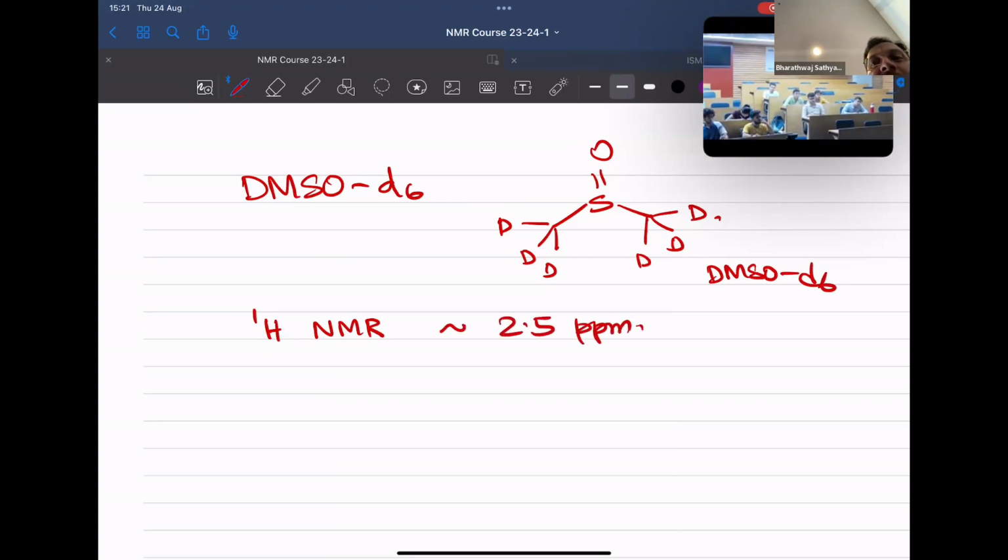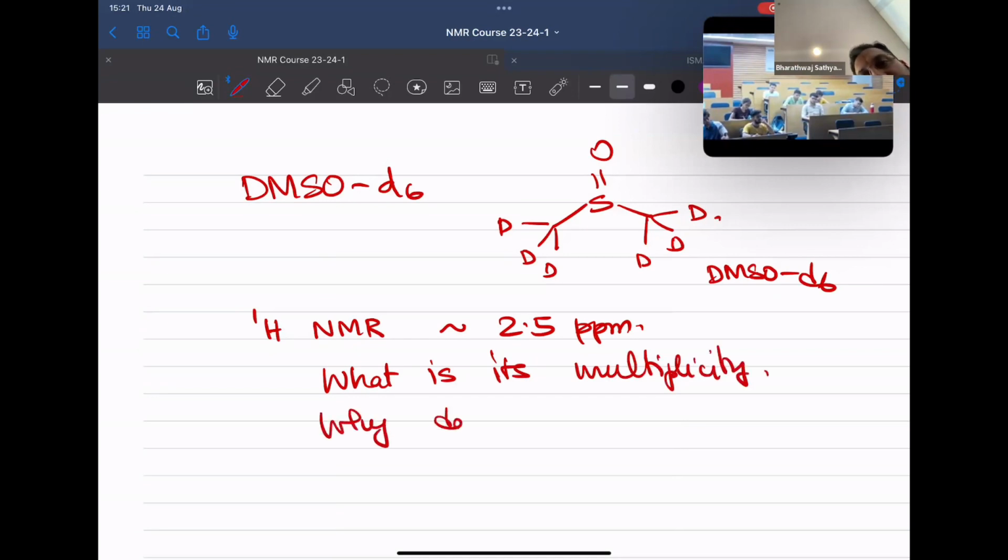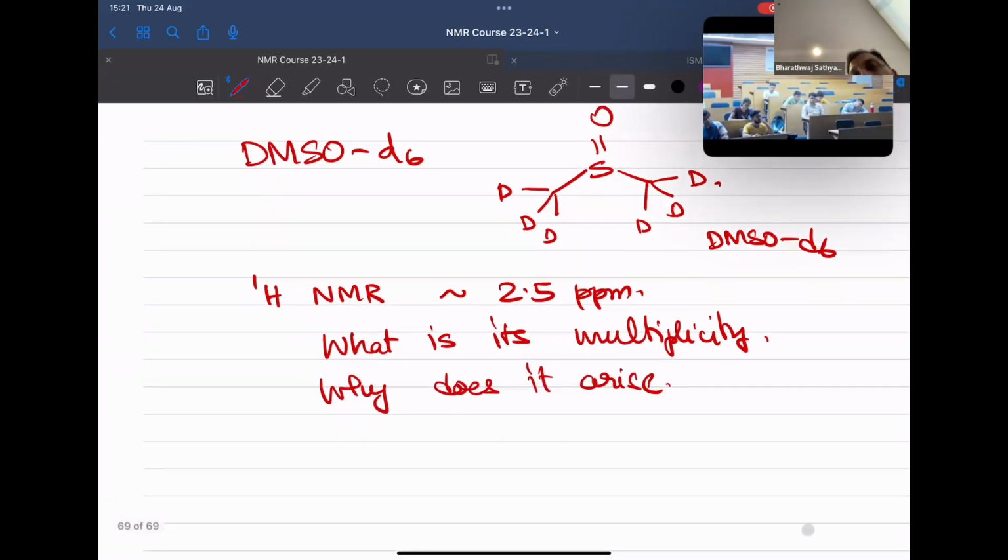I want you to find what its multiplicity is and why it arises. Basically, I want an explanation based on whatever we did today. What is the multiplicity? Why does it arise? And this is for the proton NMR.